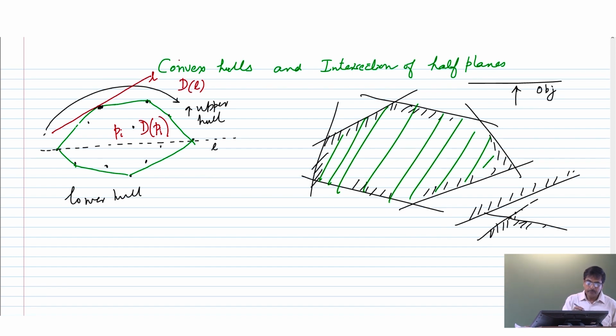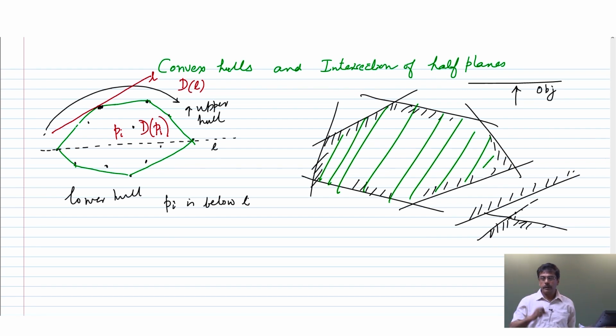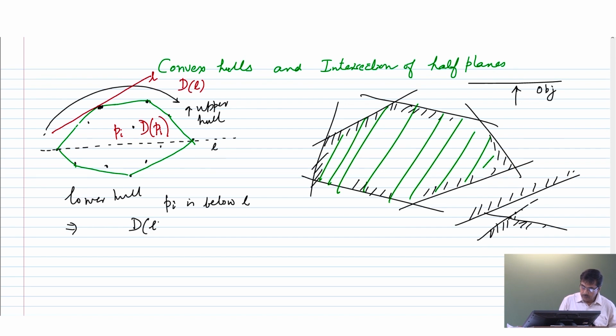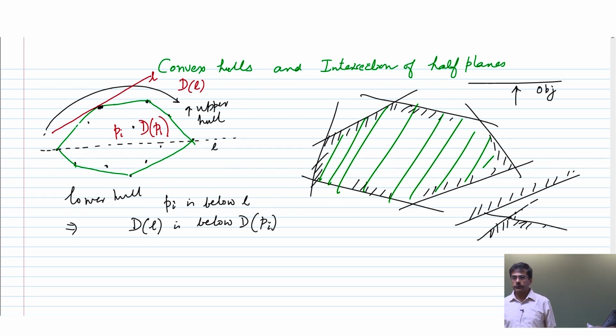Now, this point P sub i is below L, right, and by our property of the orientation, the above-below property, d of P sub i and d of L imply that d of L is below d of P sub i, from the above-below property of the dual transform.